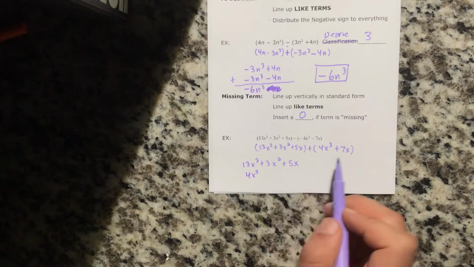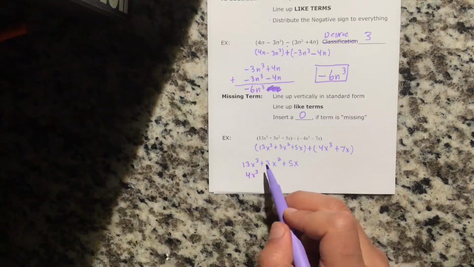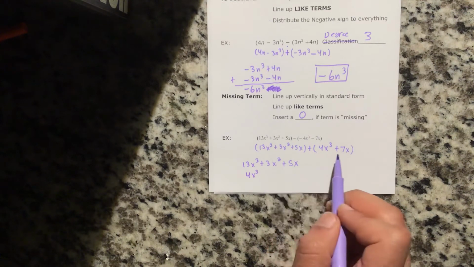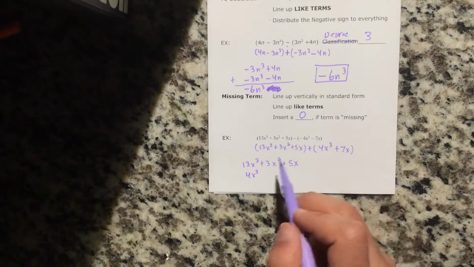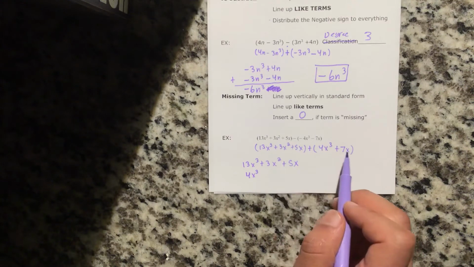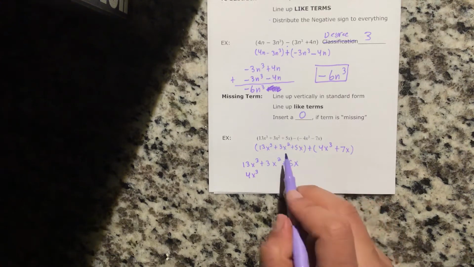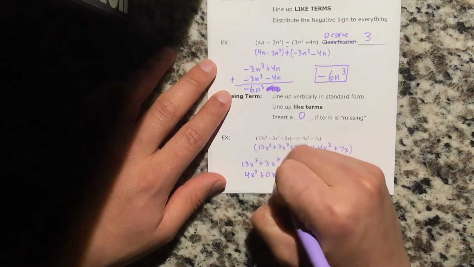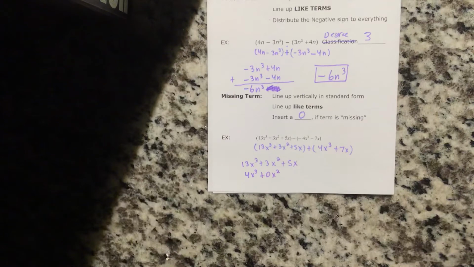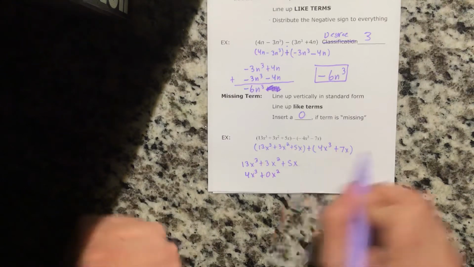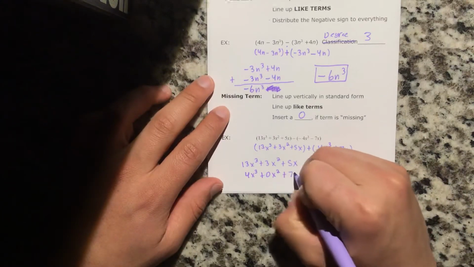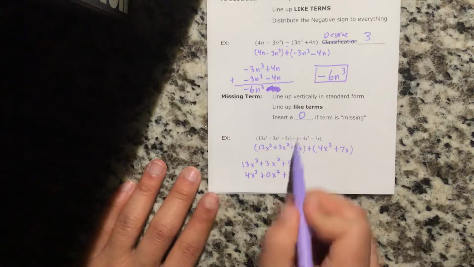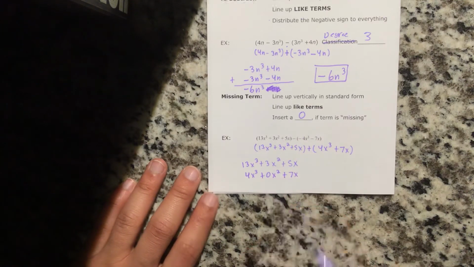No, you can't, because 7x and 3x squared are not like terms. The exponents are not the same, okay? Y'all see that? So right here underneath the x squared, I'm going to put plus 0x squared, okay? And then underneath the 5x, that's where I'm going to put my 7x. That's where I had to insert the 0 right in front of the x squared.